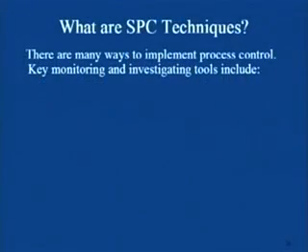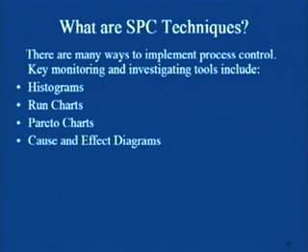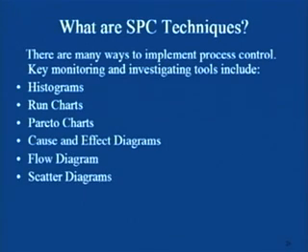The tools and techniques of statistical process control are many, as there are many ways to implement process control, but the key monitoring and investigating tools include histograms, run charts, Pareto charts, cause and effect diagrams, flow diagrams, scatter diagrams and control charts.